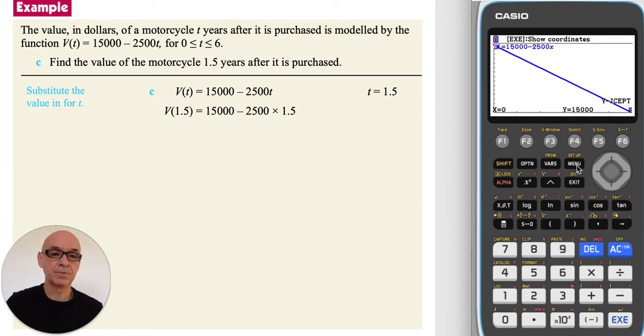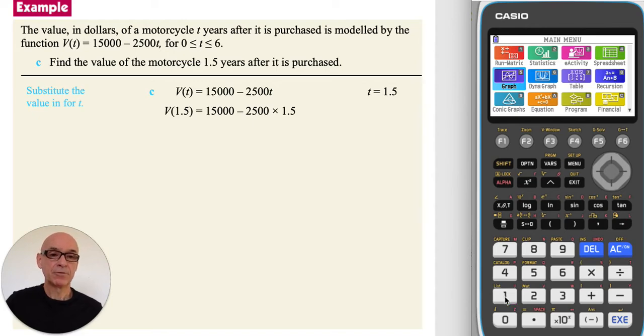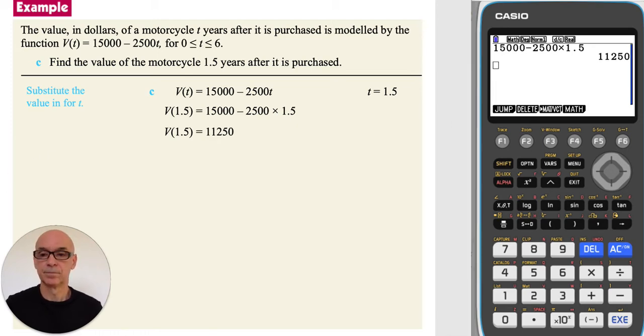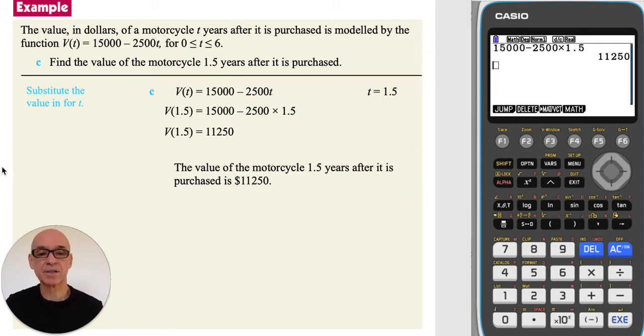So in menu, choosing the matrix option 1, so that's 15,000 subtract 2,500 multiplied by 1.5. So the value of the motorcycle 1.5 years after it is purchased is $11,250.